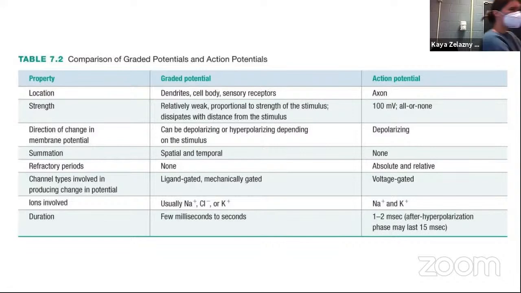That balance between the sort of baseline permeability of potassium and sodium keeps us at -70. So they don't change at any point in the action potential. We also don't have very many of them in the axon, so they kind of get overwhelmed by what's going on with the voltage gated channel. Does that kind of make sense?